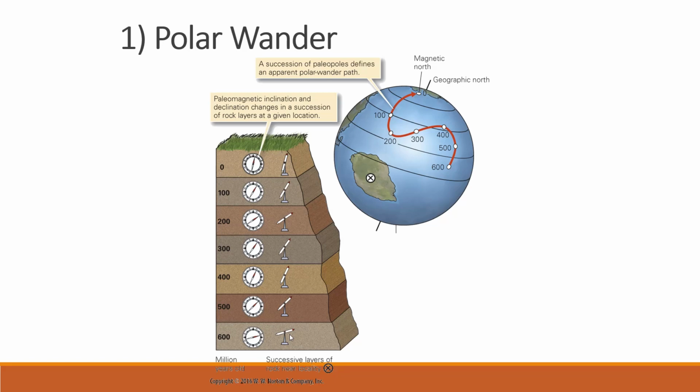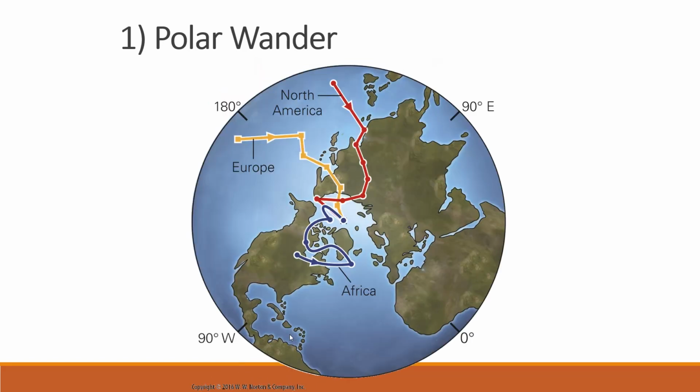So the different locations they're pointing to makes it look like the pole is moving around. But as a dipole, we can only have one north pole and one south pole at any given time on our planet. If we look at rocks from different locations that are the same age, they appear to point to a different set of magnetic poles.